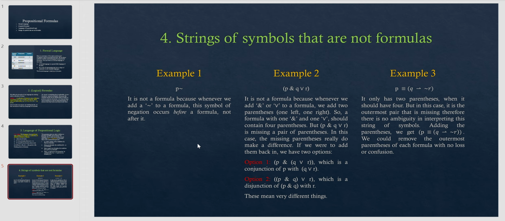Example 1, P, and we have used the symbol of negation after the P. It is not a formula because whenever we add a negation to a formula, this symbol of negation occurs before a formula, not after it.